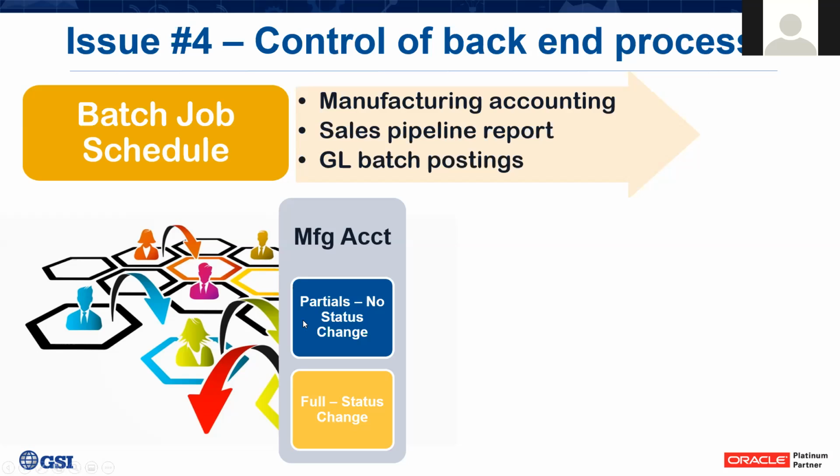So the difference between the two: one says bump the status from 40 to 90 so I can actually run the accounting. And the other one says, account for the stuff that's happened, but don't change the status because this work order hasn't been completed yet. So we need to make sure both those things are in place. Otherwise, we're going to have reconciling items, right?